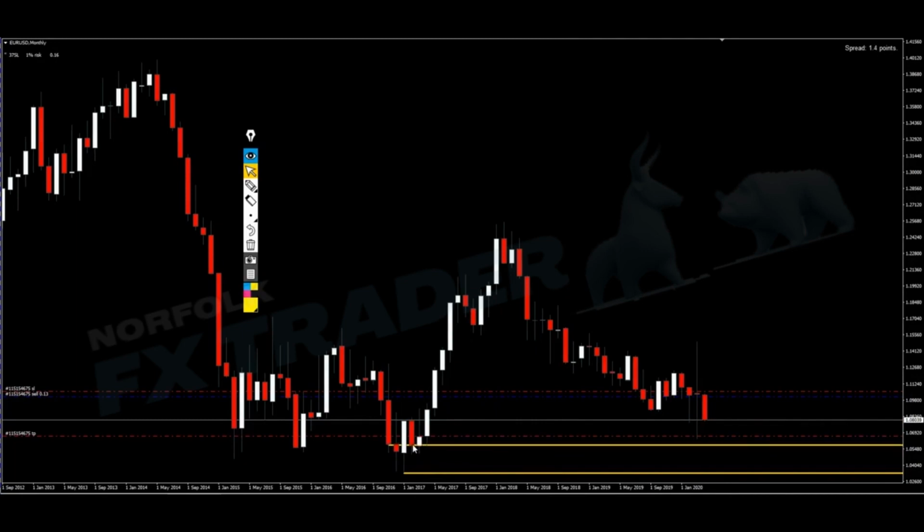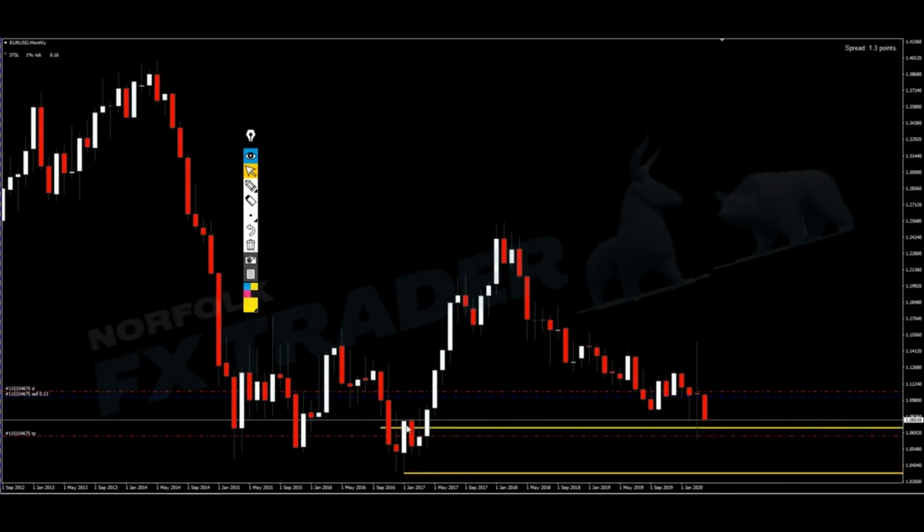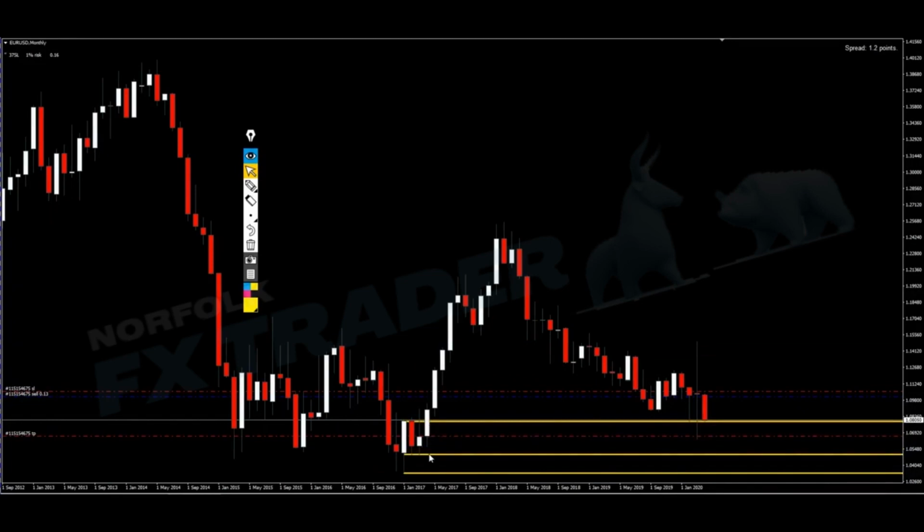But because the bullish candle made this low, then rallied up, there is also an area of demand that we could draw here on the chart. So this is a bigger area of demand, and I'm going to leave the low in place so we have that as a full zone.